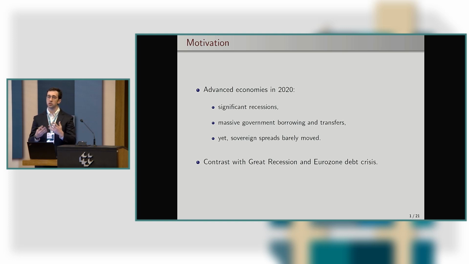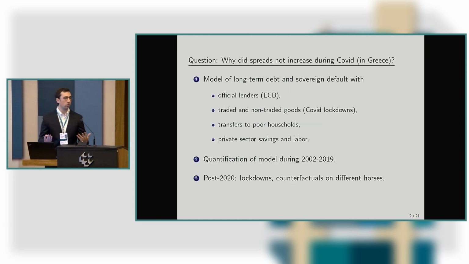And that goes against a large literature that goes back to the 80s about why, in risky countries, interest rate spreads are high and default risk can be high. That literature says spreads have got to go up. You enter a recession with high debt and you don't come back on borrowing, spreads are on the way up. So the question of this paper is, why didn't spreads increase during COVID in advanced economies?